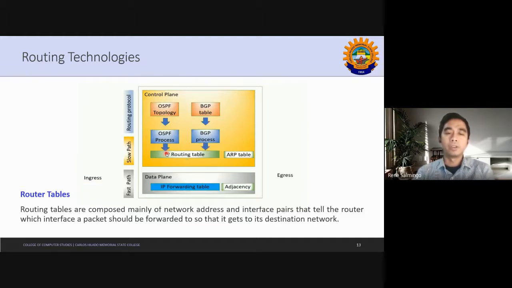So, as you know, it's difficult to check. That's why there will be a slow path. And after this, you are going to determine the address resolution protocol, to tell the source and destination and the IP address. So that's how it's going to work in routing tables.